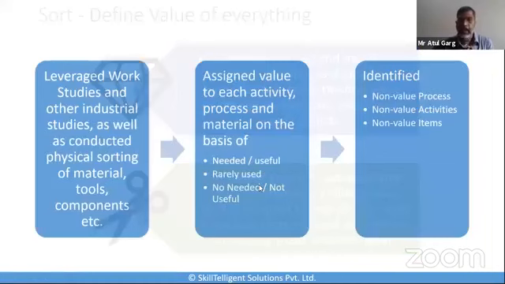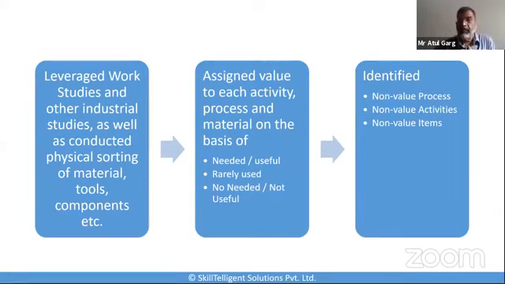What was done? We physically sorted through all the materials, tools, components, etc. We also assigned value to each of them. And this value was in simple terms: it is needed, it is rarely used, or it is not needed. We didn't go into a complex way of defining it.